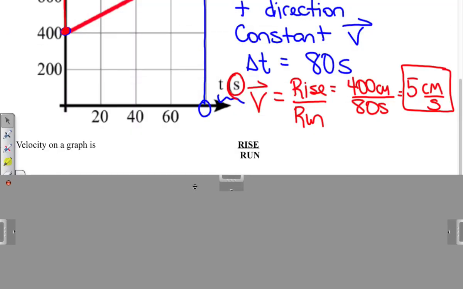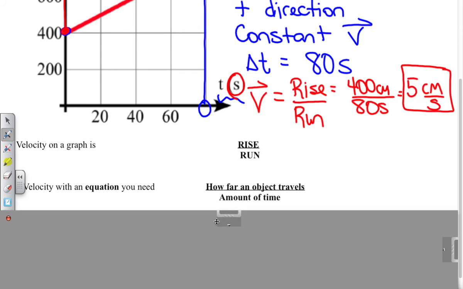Okay? Now, we know the velocity on the graph is rise over run. That's what we just calculated right there. Okay, so we know that. We know another way that you can find the velocity on a graph is to just tell me two things: how far the object goes, which in this case was 400 centimeters, and the amount of time it travels, which once again in this case was 80 seconds.